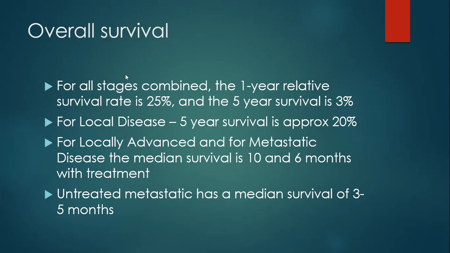The periampullary cancers have a better survival rate. For example, the survival rate of the periampullary carcinomas is 10 times better than the survival rate of carcinoma of the pancreas.